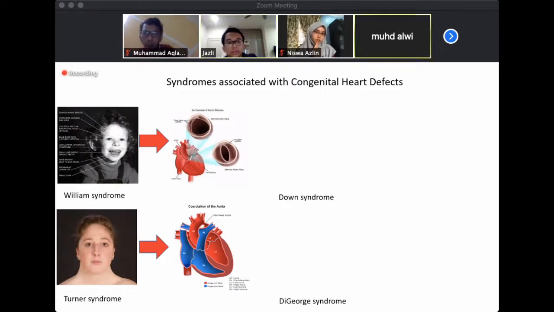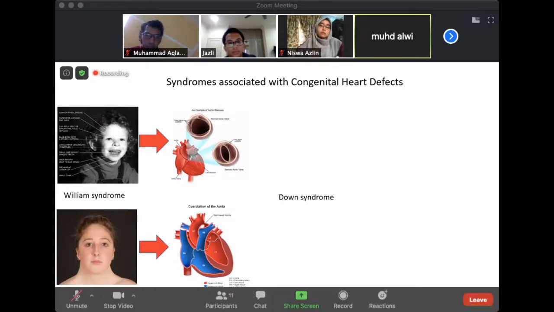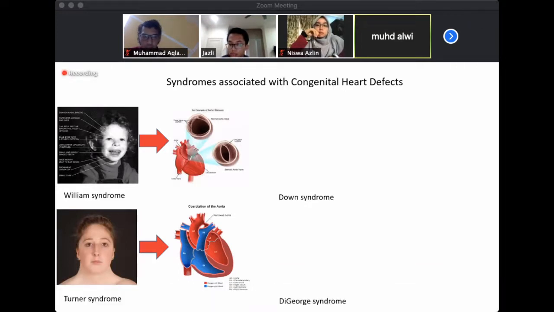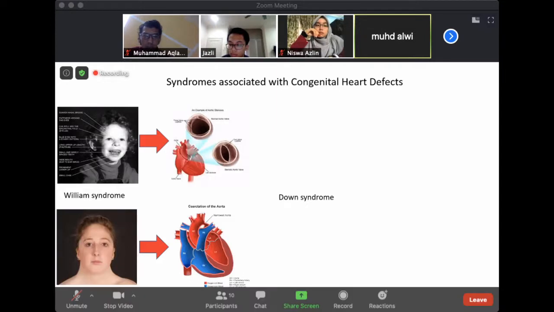These 3, Williams, Down and Turner, don't need an urgent genetic investigation. Most of the time they are diagnosed by clinical. After they are discharged, we arrange for karyotyping and confirm the diagnosis. But for DiGeorge, it has to be confirmed early because some DiGeorge babies with very severe anomalies may not survive long.